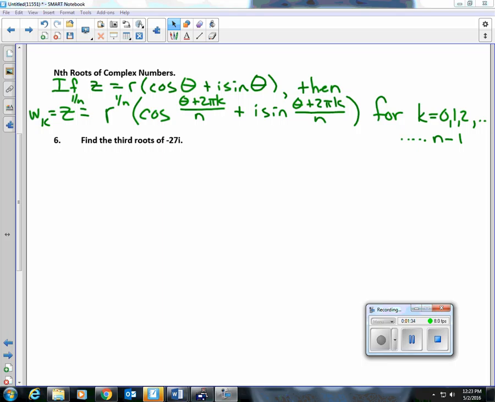Everybody got it? So here's the big question we're trying to answer today. As you look at question number 6, it says find the third roots of negative 27i. And what that means is, what do you multiply by itself 3 times to get negative 27i?